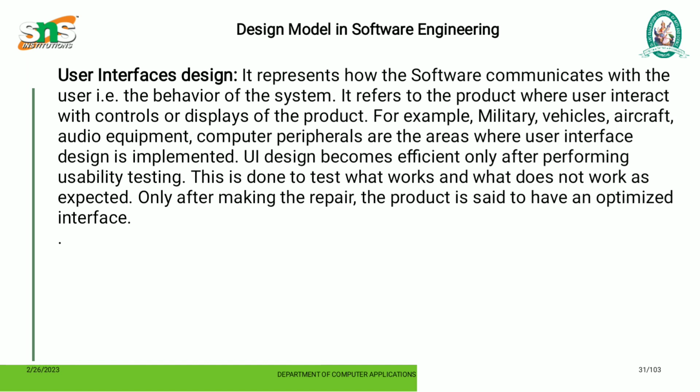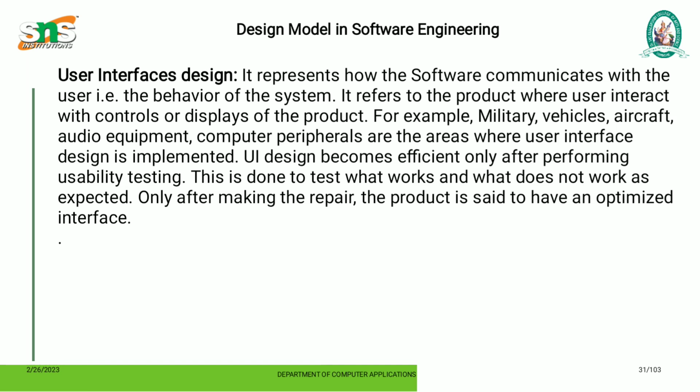The user interface design represents how the software communicates with the user, the behavior of the system. It refers to the product where the user interacts with controls or displays of the product. For example, military vehicles, aircraft, audio equipment, and computer peripherals are areas where user interface design is implemented.